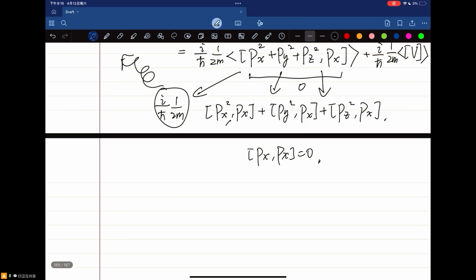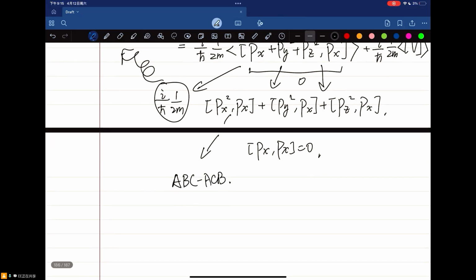And if we have a square inside, we have to use the [A,BC] rule to separate it. For example, px squared commutator with px is equal to px, px, and then px, px.